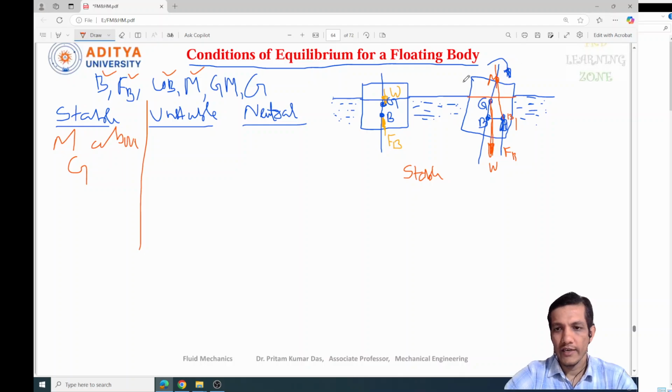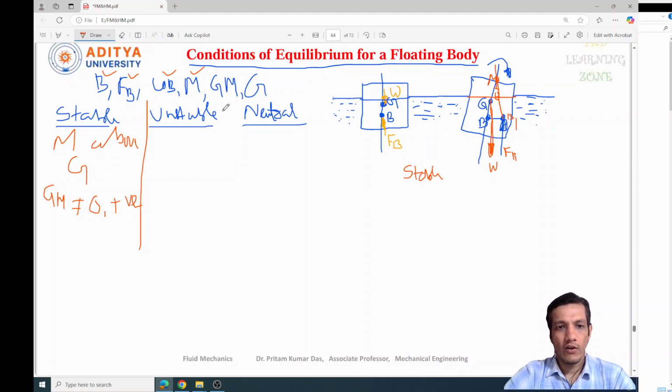That means the body can come back to its original position even after a slight rotation, or some angular displacement, and this angle is theta. So when the condition is stable, M is above G, and the value of GM will not be equal to 0. It will always be a positive value. We get a positive value of the metacentric height. This is about the stable one.